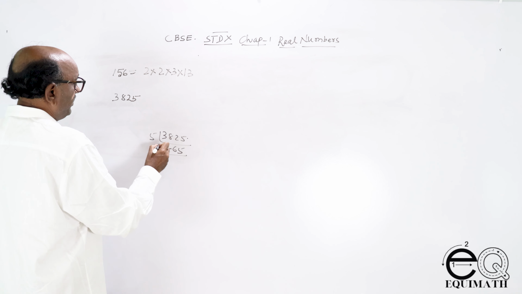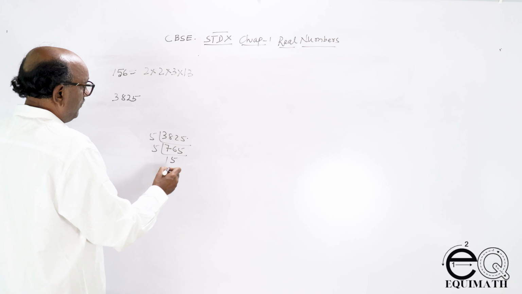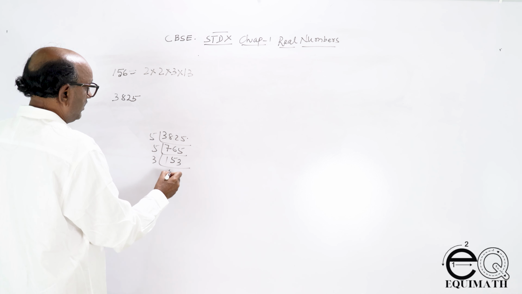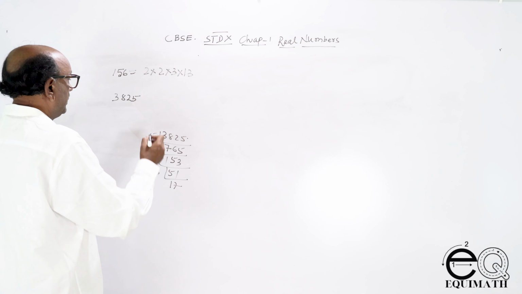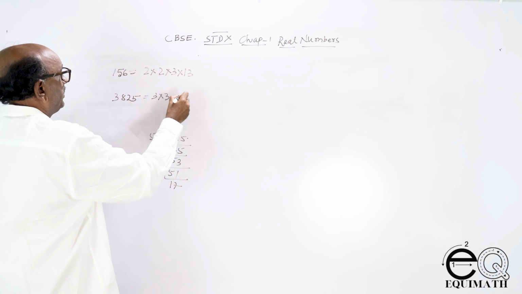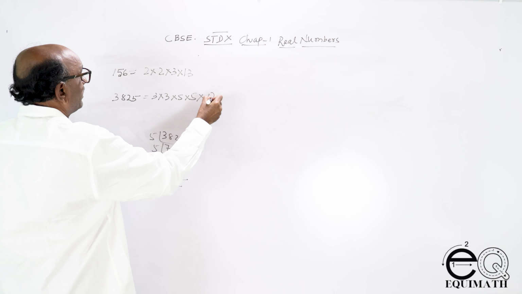Then divide it by 5 again: we get 153. Then divide by 3: we get 51, then 17. So 3825 is 3 into 3 into 5 into 5 into 17. Clear?